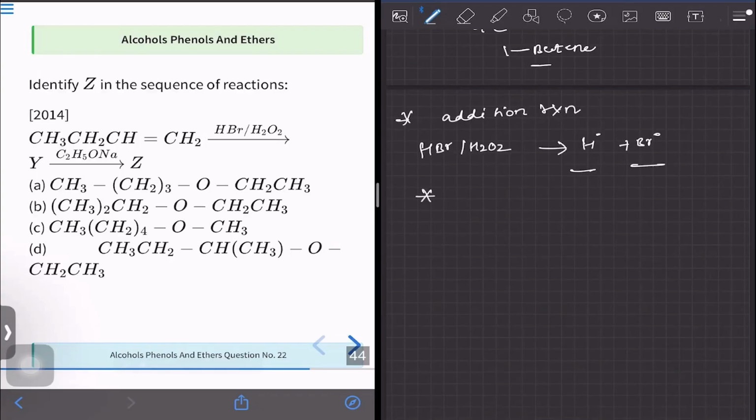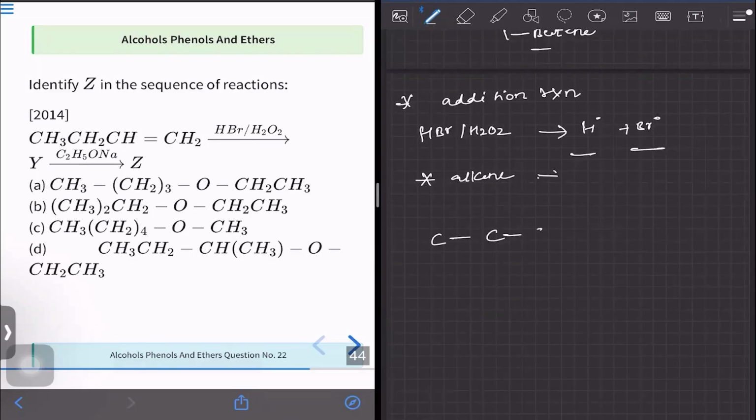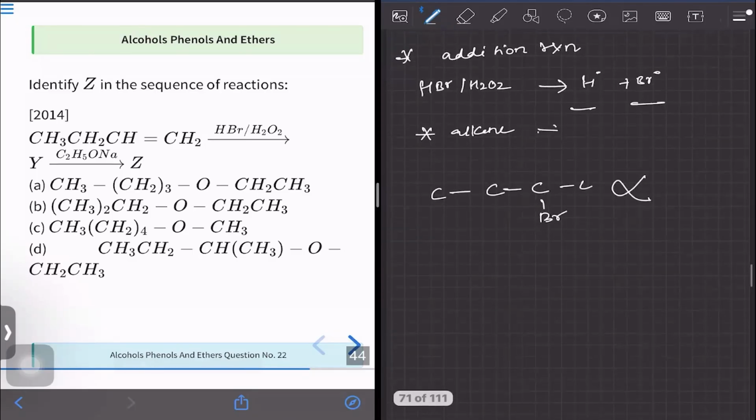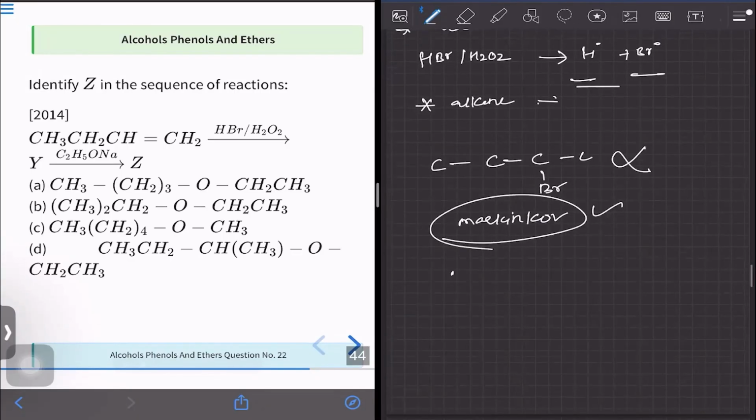So how does it react with alkene? Normally, whenever a halide reacts, it reacts according to Markovnikov's rule. But HBr in the presence of H2O2 produces free radicals.